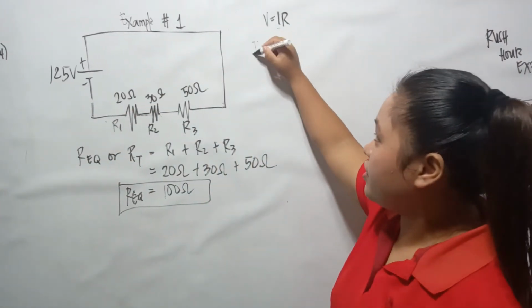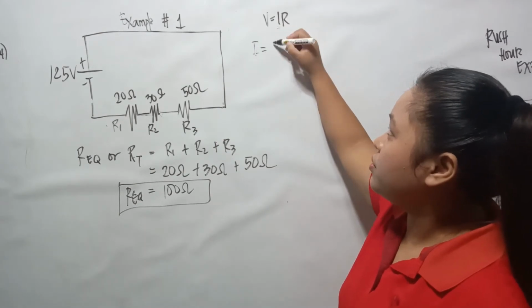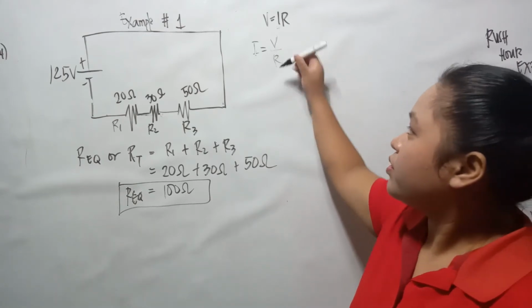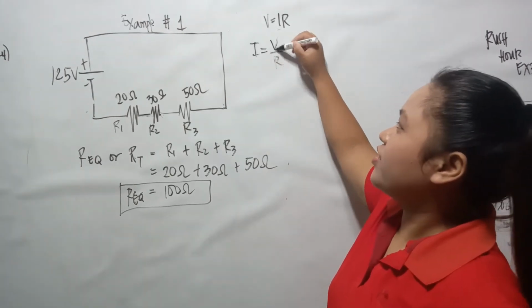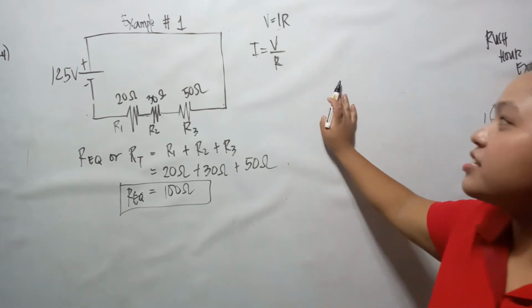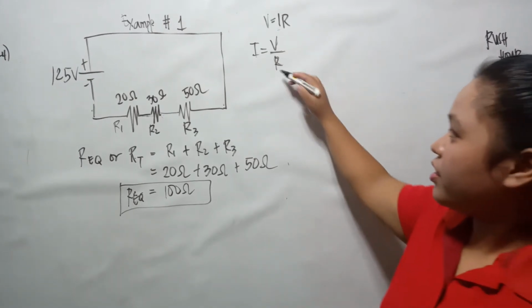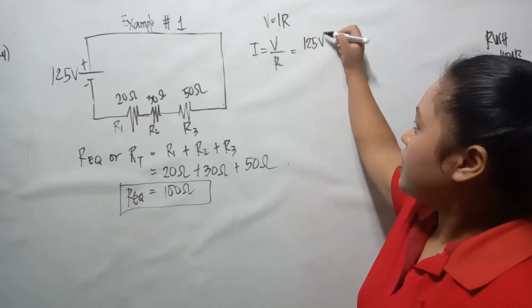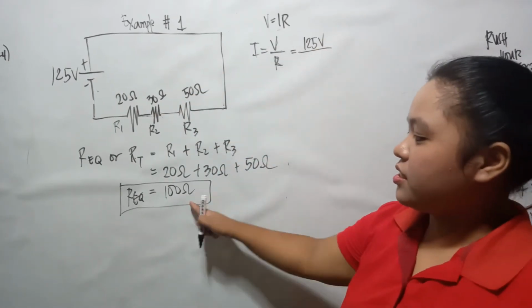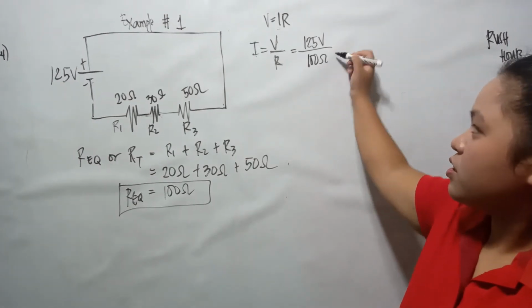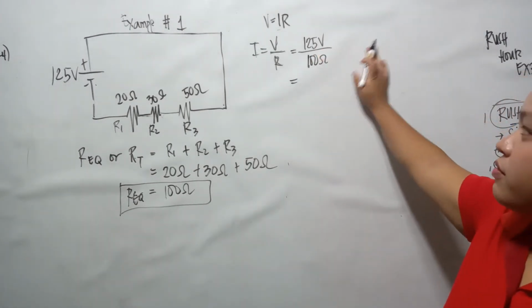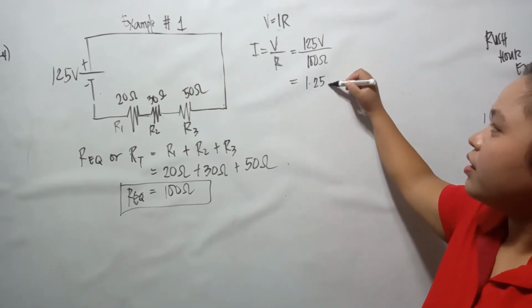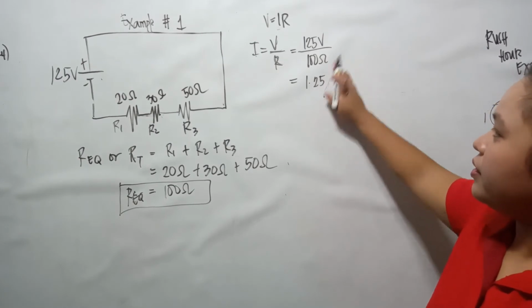So current is just equal to voltage over resistance. The voltage is 125 volts, and the total resistance is 100 ohms. So 125 volts divided by 100 ohms is just equal to 1.25 amperes.